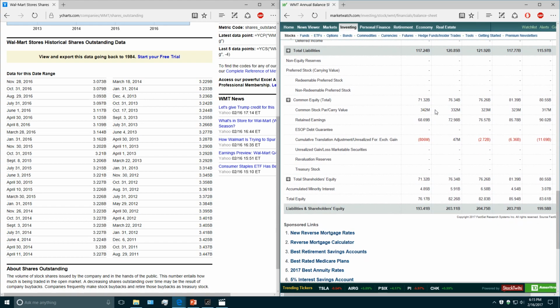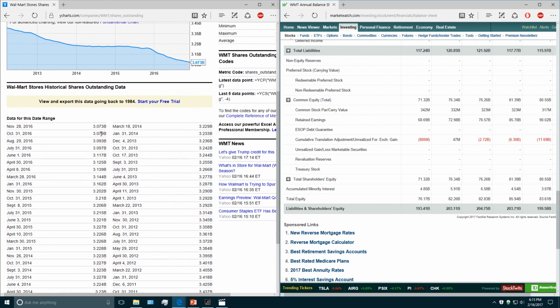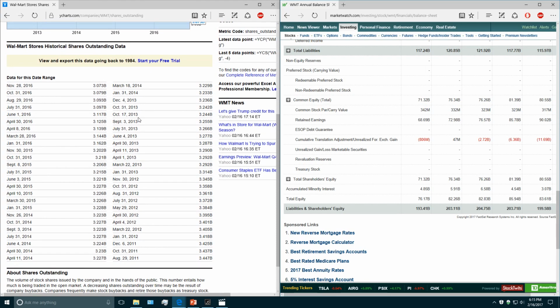Okay, so this is the worth, and as you can see here, this is how many stocks they have outstanding. That means how many investors have it, how many out there in the world. As of November 28th, they have 3.0 billion outstanding.